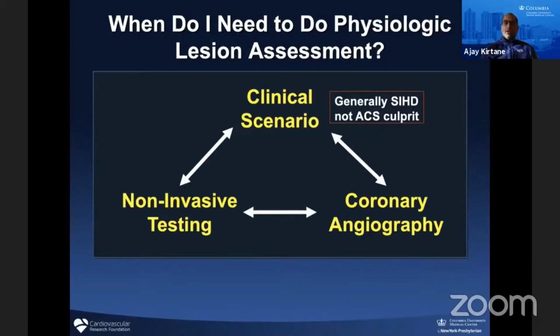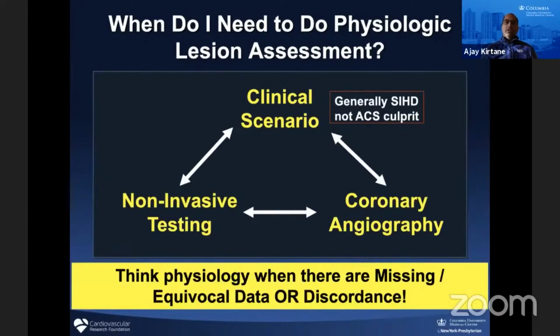Now, if those things all agree, you don't have to do physiology. If the patient has symptoms and a severe lesion and a positive stress test, go ahead and treat it. The reason to do physiology is when the data is either missing, so you don't have a non-invasive test, or you have a very, very fuzzy history, or there's discordance between the two. For instance, somebody without a lot of symptoms, but a severe lesion like the one I showed you. And then the physiology can help determine what to do.